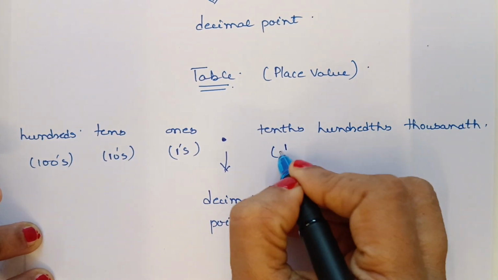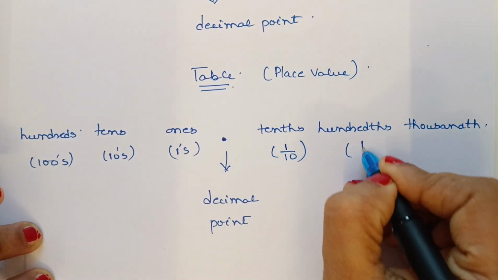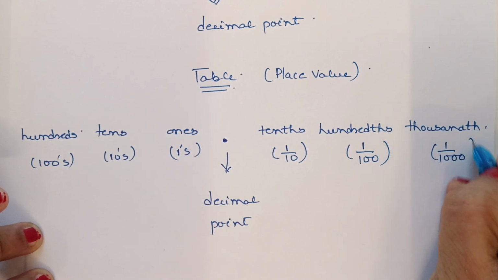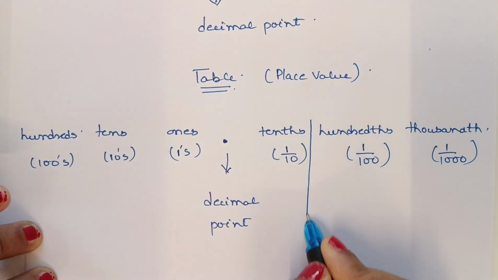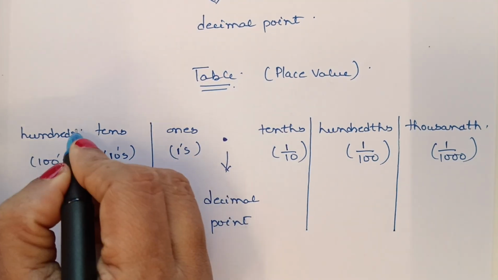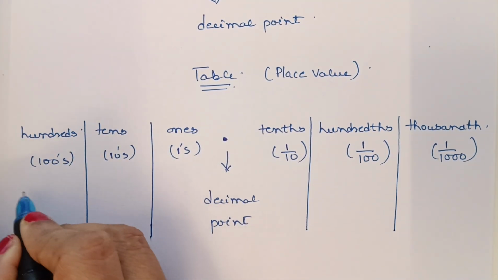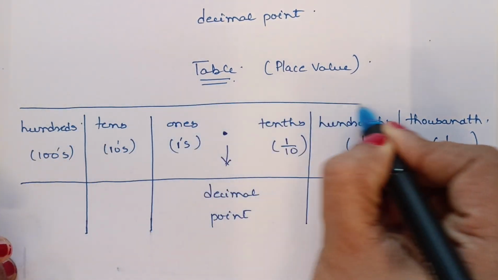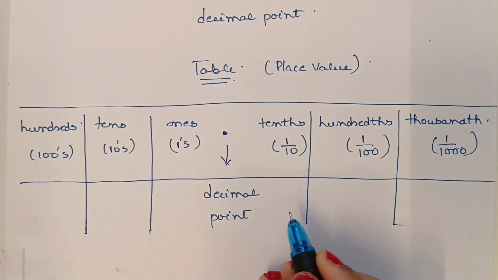It means what it is? 1 by 10, 1 by 100, 1 by 1000. So this particular table we have to remember if we want to score full marks in the chapter decimal numbers or decimals. Are you understanding?